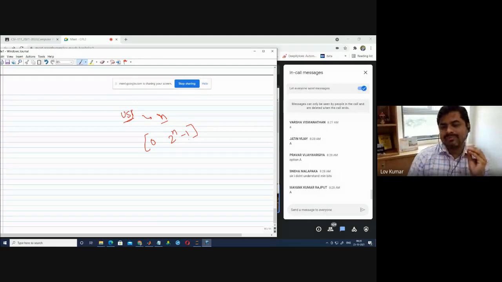Up to here, any doubt? Why are we writing the range 0 to 2 to the power n minus 1? If you have any doubt, just put it in the chat box. This is the range for an unsigned number.